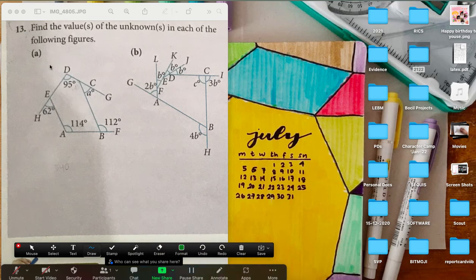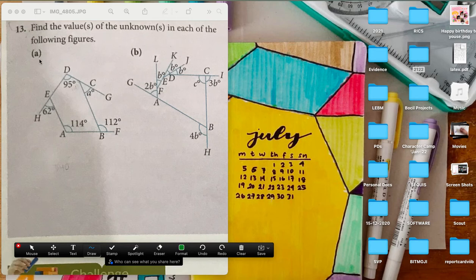We're having, let me try to solve A first, right? So then A is going to be a pentagon. 1, 2, 3, 4, 5 sides. 1, 2, 3, 4, 5 interior angles. So then, at first I have no idea, but then I just work with whatever I have. There, first is here.